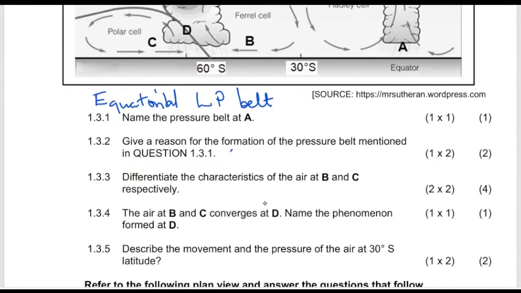As a result, air moves from the subpolar high pressure and converges at the equator.